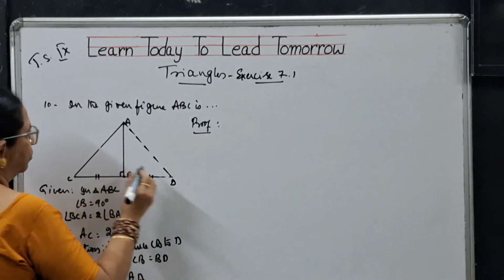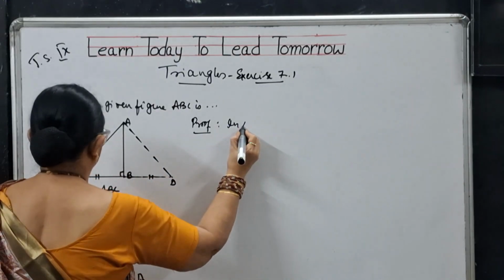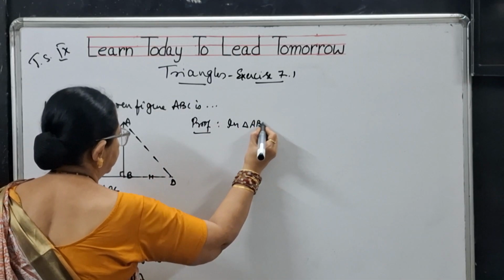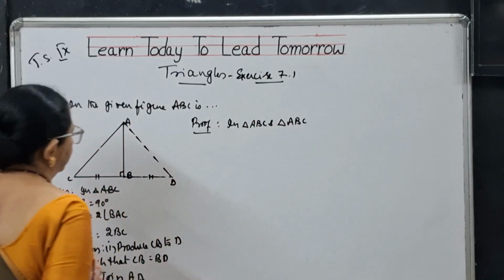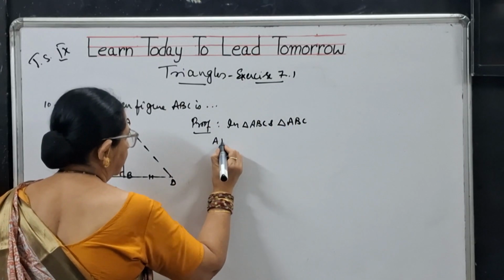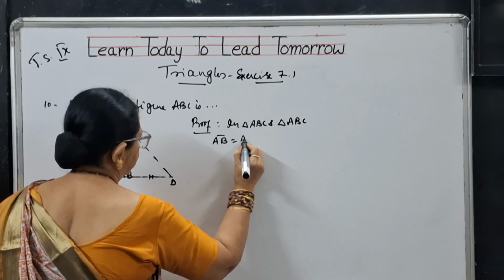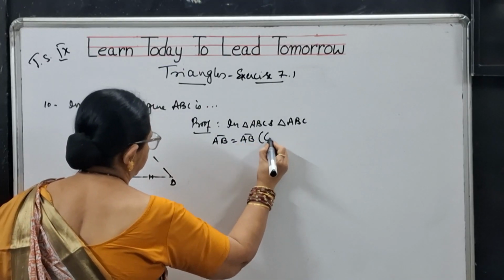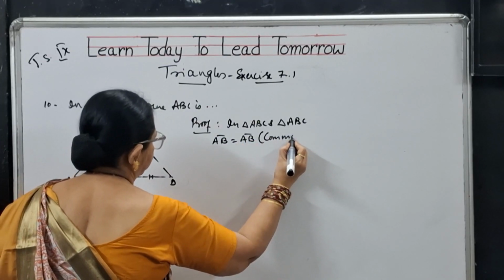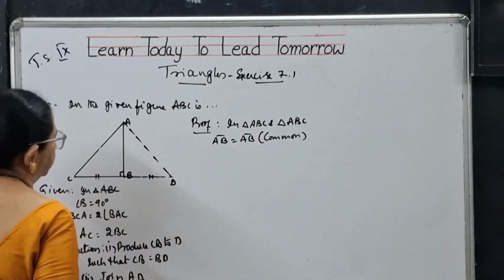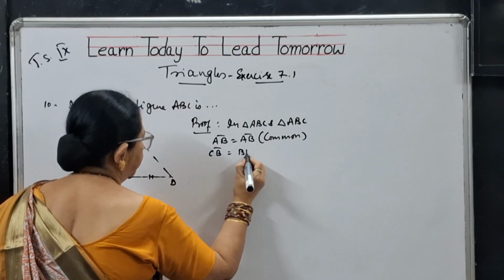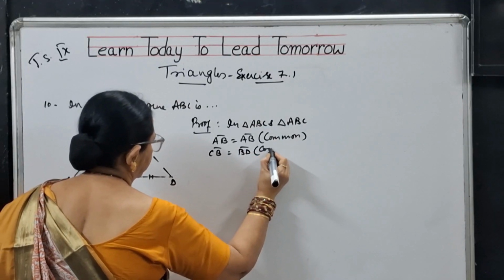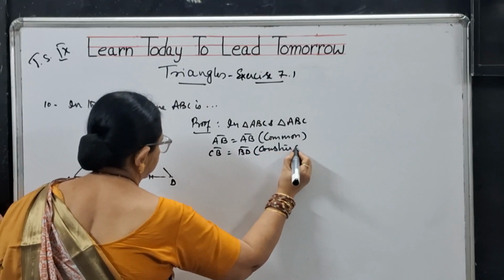See, you have got two triangles. One is triangle ABC and triangle ABD. In this, AB is equal to AB. These are common sides, same side. And CB is equal to BD. This is our construction.